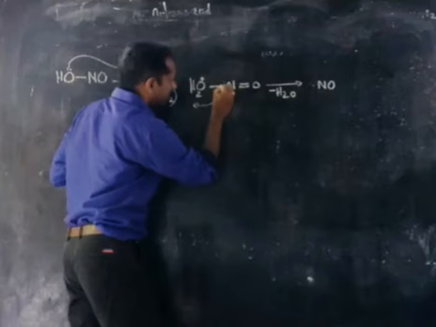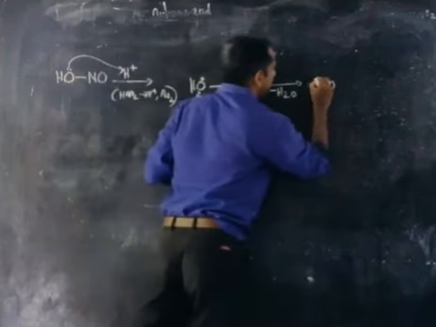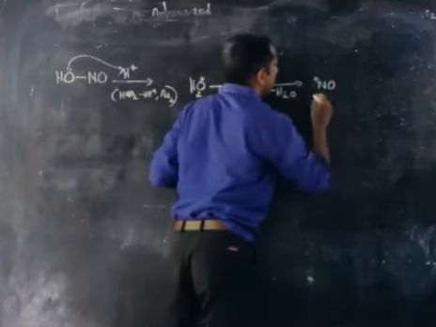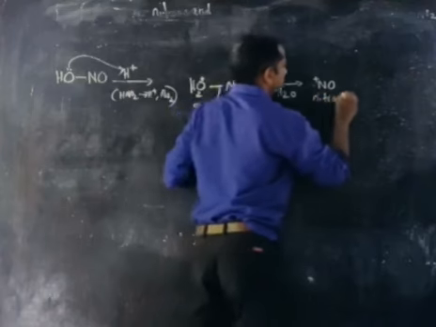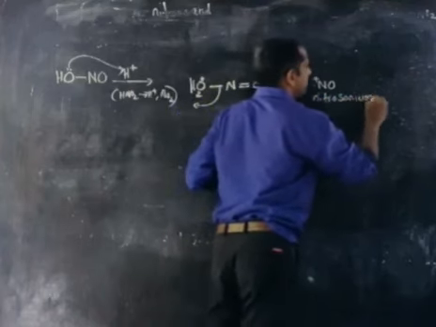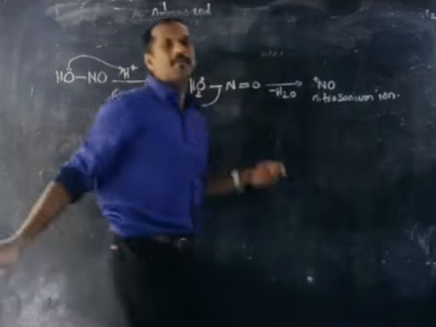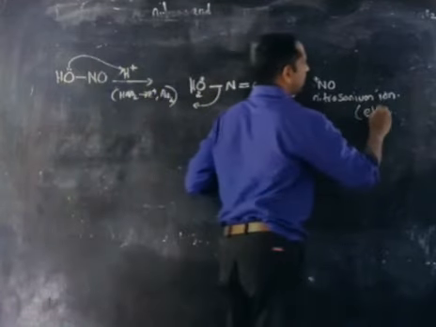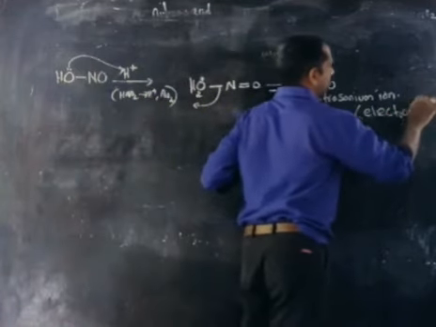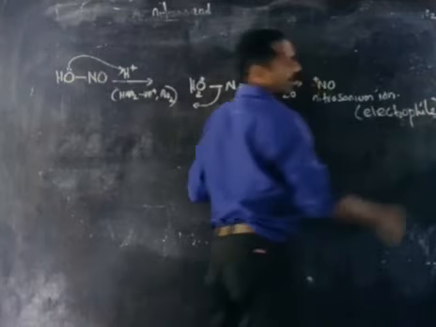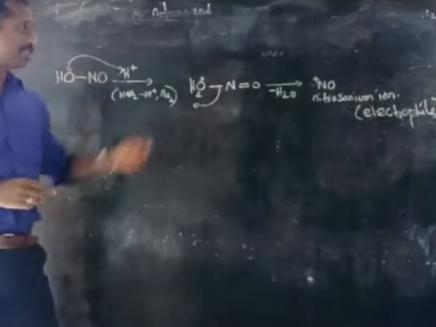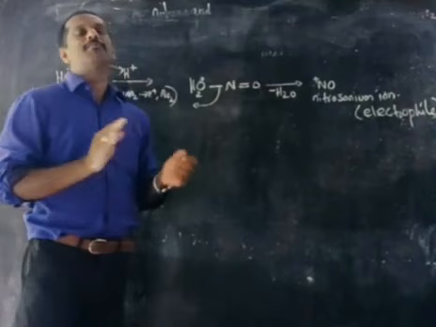Since the bond is breaking from nitrogen, there is a positive charge. That means this is the nitrosonium ion. This is acting as the electrophile.